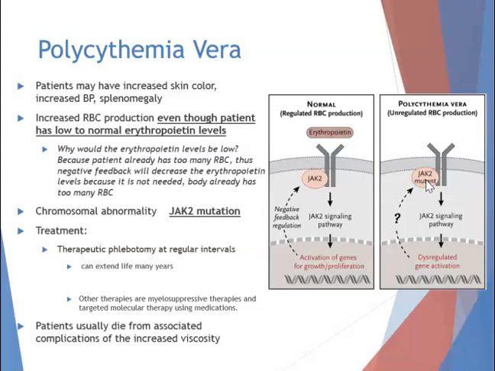So this is going to allow for an unregulated red blood cell production. So they're going to overproduce their blood cells, where this negative feedback system is going to help regulate that blood cell production, and not too many red blood cells are going to be produced.